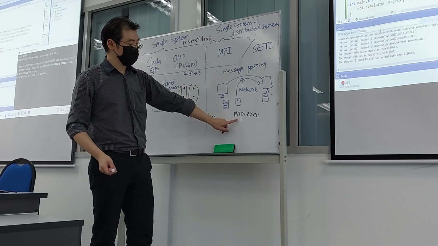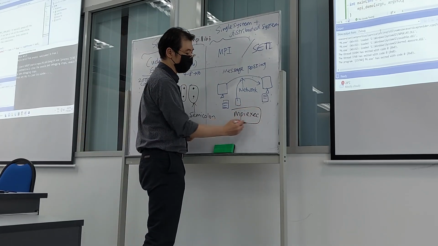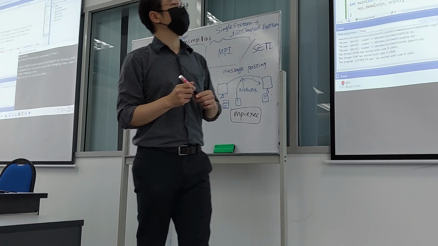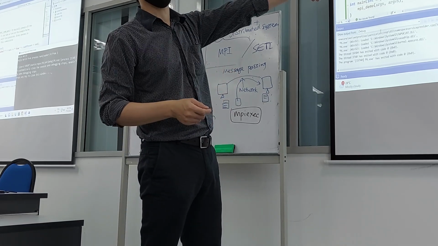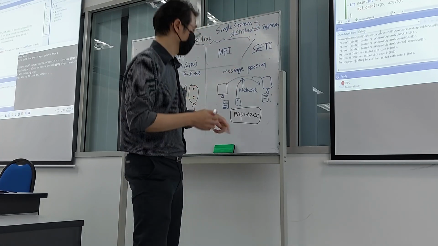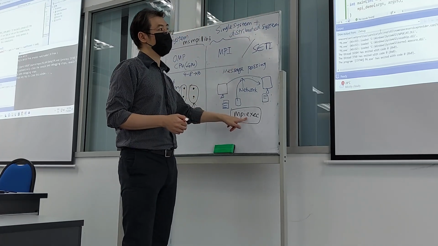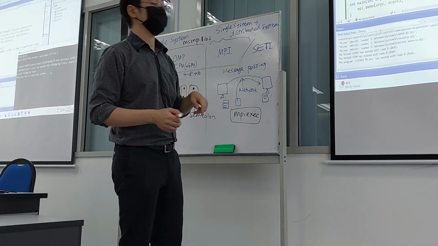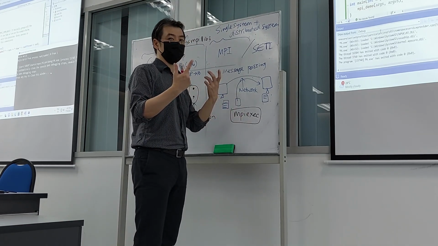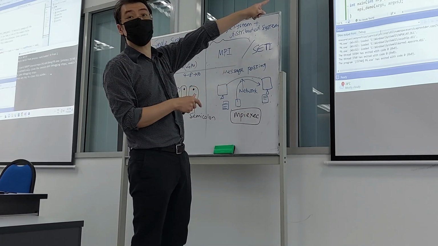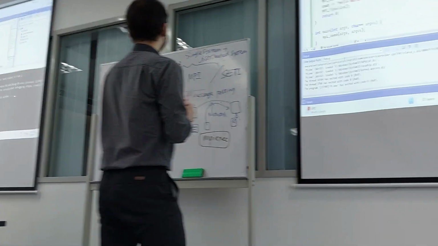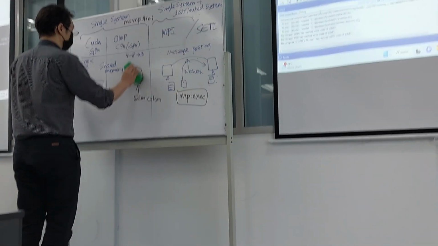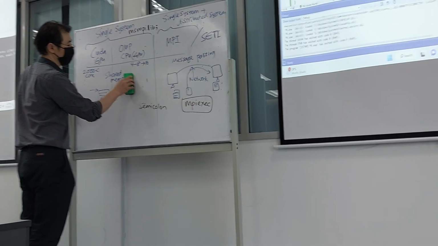So inside the setup contains this program. We need to use this program in order to create many more processes. Okay, so if we run directly, you create only one. In order to create more, you have to use this to run this program. Okay, so this will initiate the processes to run this program. Okay, now it will be the same like OMP. So let's have a look at all this.